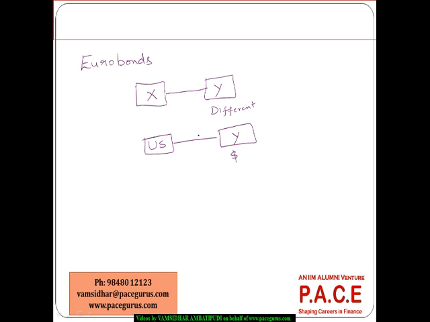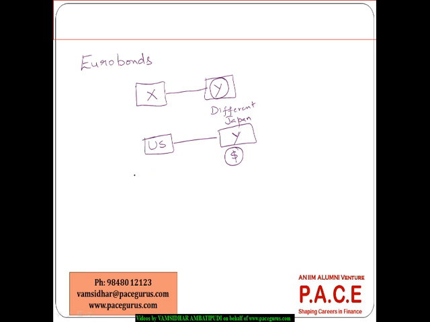So these bonds are issued outside the country, not in the domestic market, and are denominated in a currency which is different from this particular country's currency. So a US company can issue a bond, let's say in Japan, denominated in dollars. Then it becomes a euro bond.